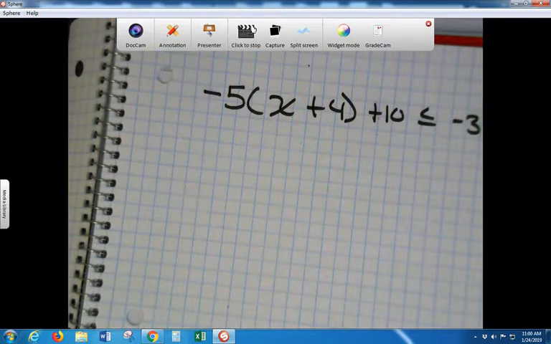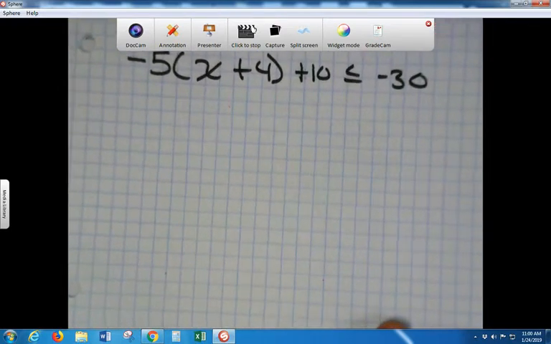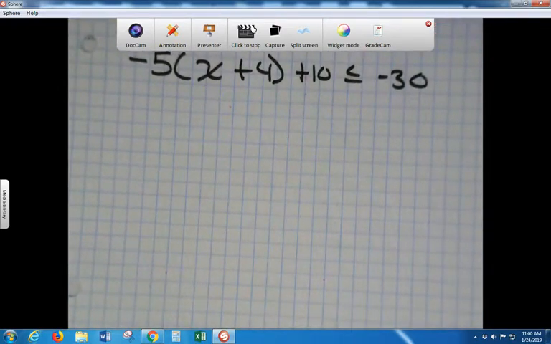Is that a next? Excuse me? 2x? This is a negative 30. What's the first thing you're gonna have to do? The bar. Distributive property.